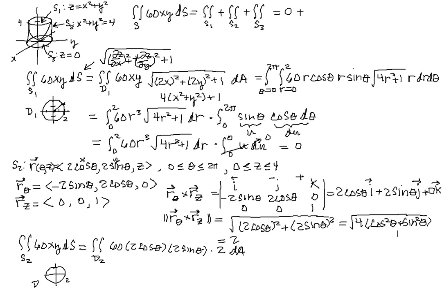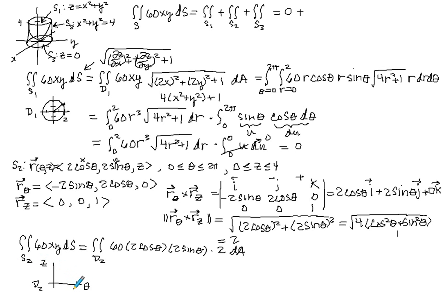This domain is the domain of the parameterized function. Okay, so actually our domain D2 is not that circle, but it's actually a rectangle. So D2 is in the theta z plane, because theta is our u and z is our v.